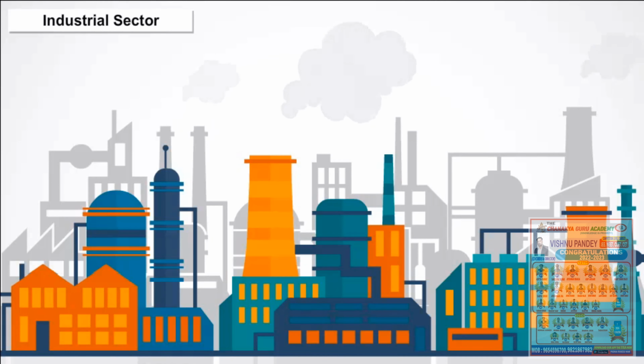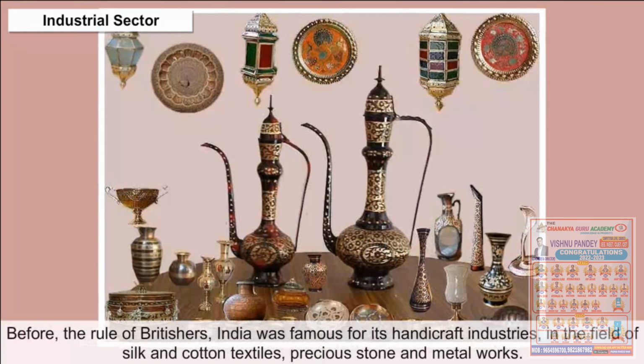Industrial sector. Before the rule of Britishers, India was famous for its handicraft industries in the field of silk and cotton textiles, precious stone and metal works. Handicraft products had great demand worldwide.